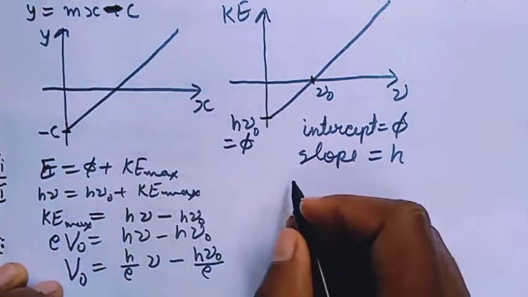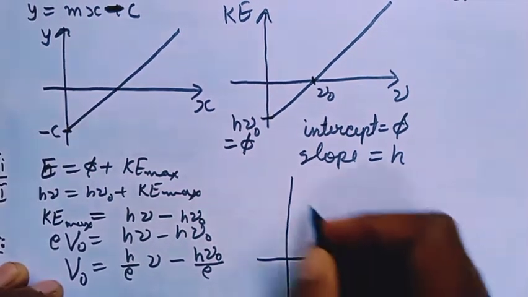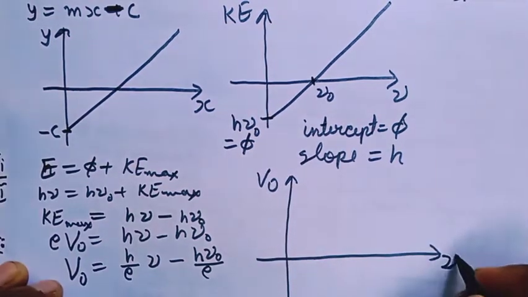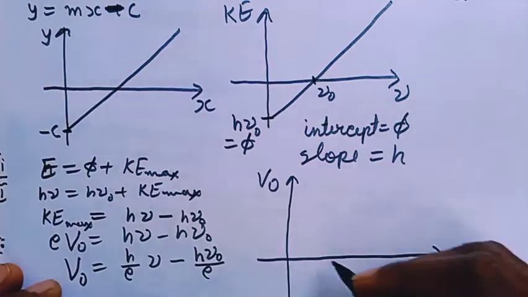In this case, if we draw a graph between V naught and frequency, the graph will look like this.